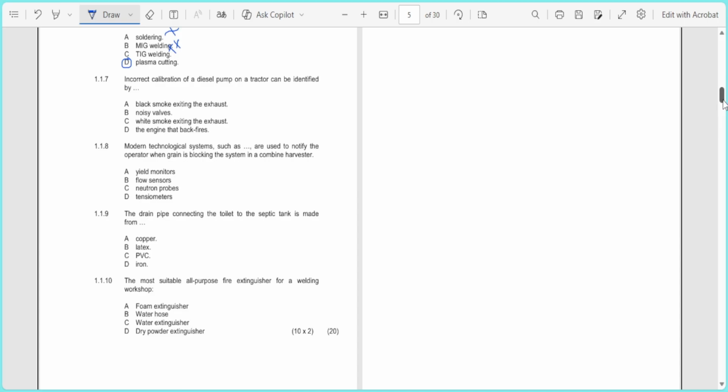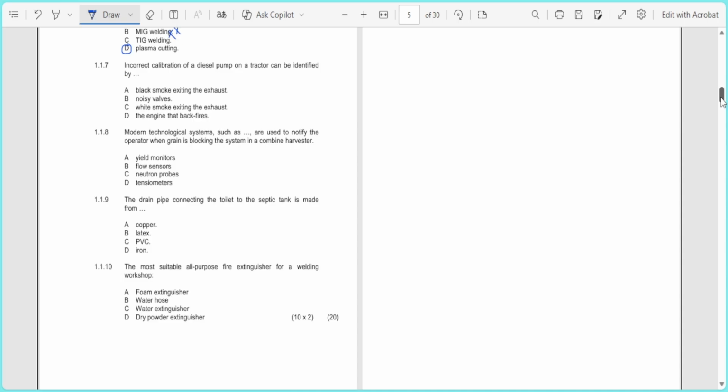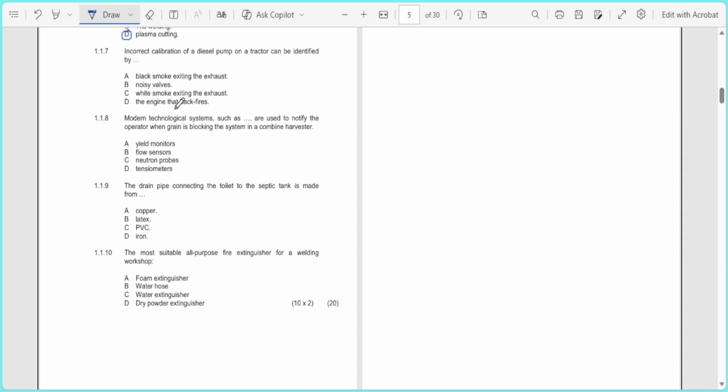All right, so 1.1.7, incorrect calibration of a diesel pump on a tractor can be identified by... All right, incorrect calibration of a diesel pump on a tractor can be identified. Okay, it's obvious. A, black smoke exiting the exhaust pipe. Noisy valve, no. White smoke exiting the exhaust pipe.